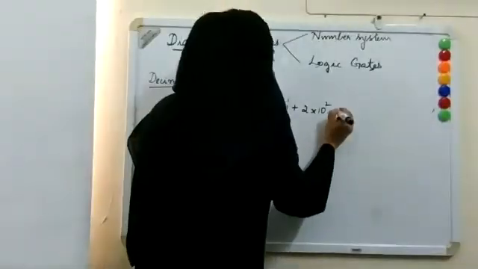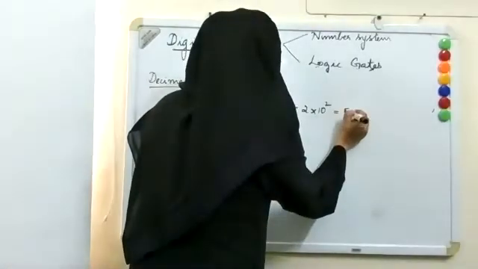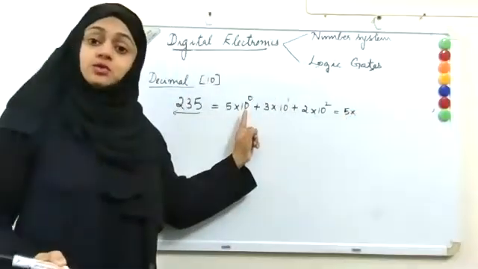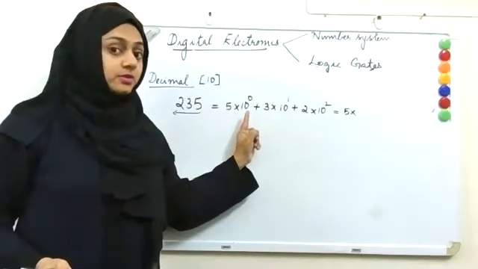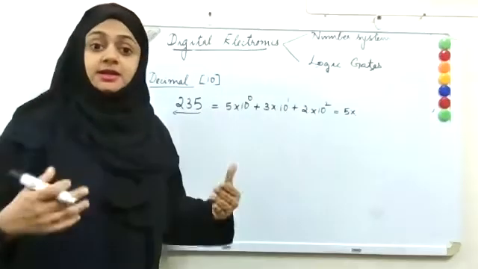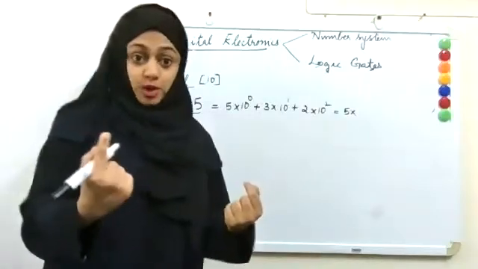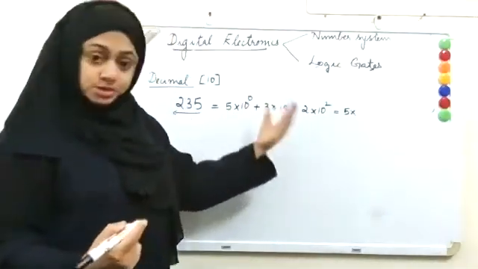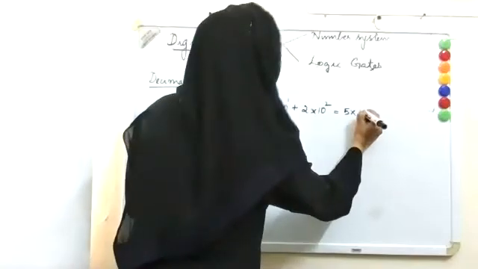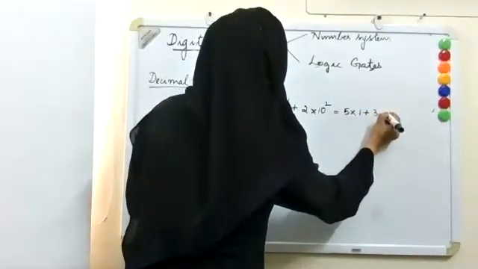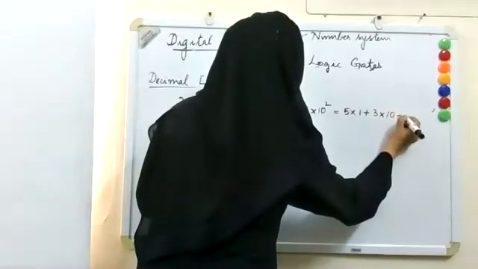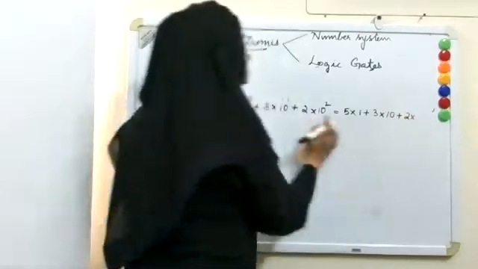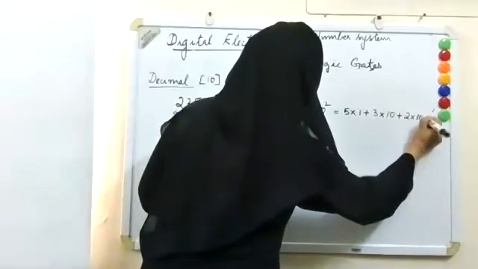So this is equal to 5 times, what is 10 raised to 0? 1. Any number raised to 0 is 1. So 10 raised to 0 is 1. So 5 times 1 plus 3 times 10 raised to 1, which is 10, plus 2 times 10 raised to 2, which means 100.